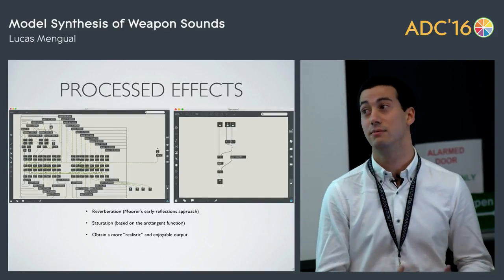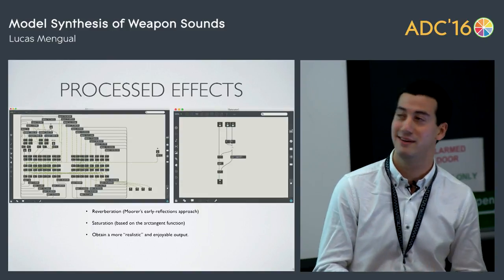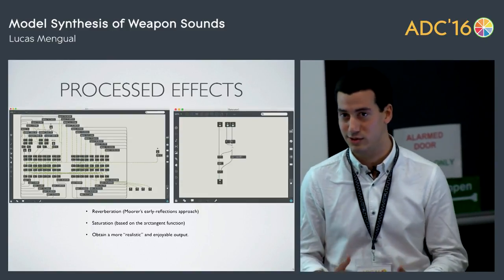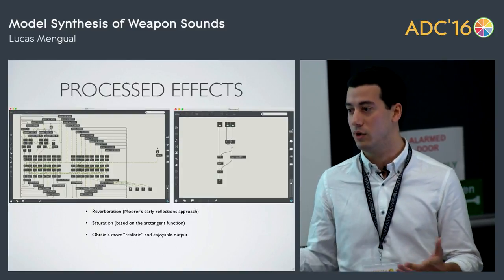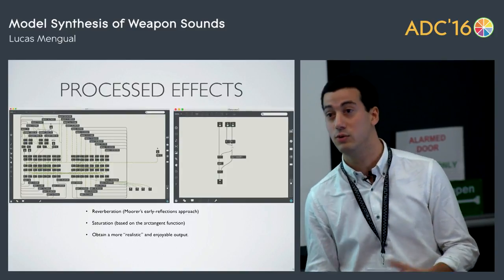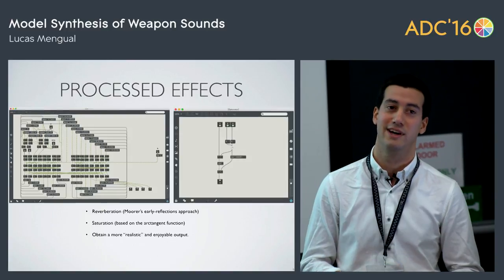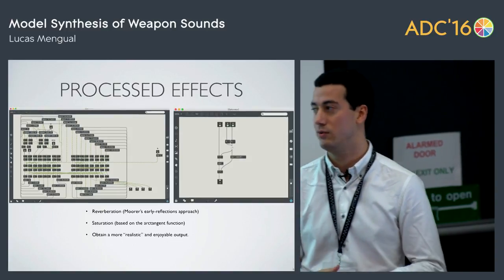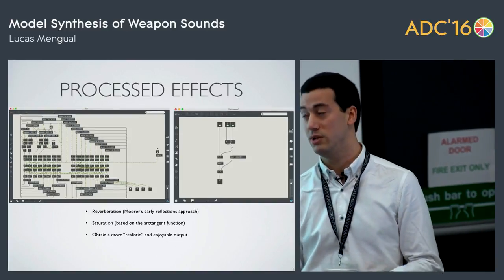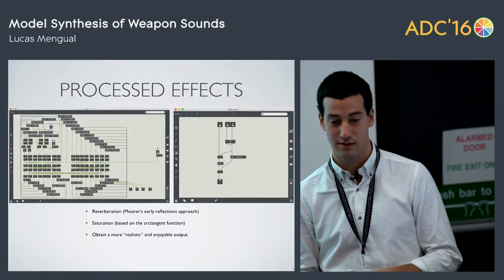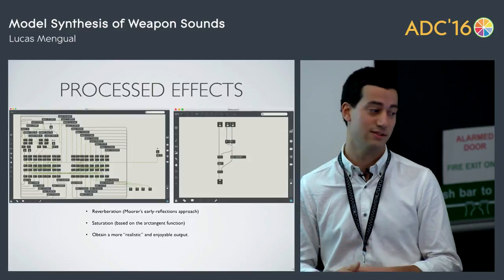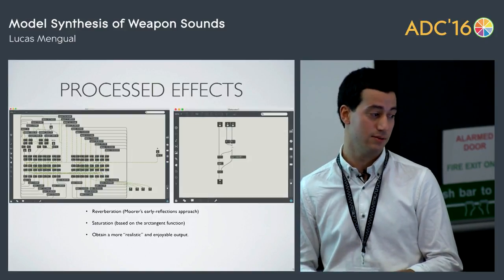The point of this was to make the sound realistic, as it actually sounds in a video game, or when you hear gunfire in a movie, you are not hearing an actual dry, recorded sample of a gun. It's actually being processed. So I did this to make the sound as enjoyable and realistic as possible.